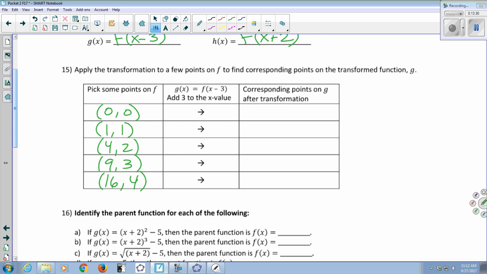So we decided that that means a transformation that's going to move everything to the right 3 units. The way you cause a movement to the right by 3, you'd have to add 3 to the x value. So corresponding points after the transformation, add 3 to every x value. So I get 3, 0, 4, 1, 7, 2, 12, 3, and 19, 4.